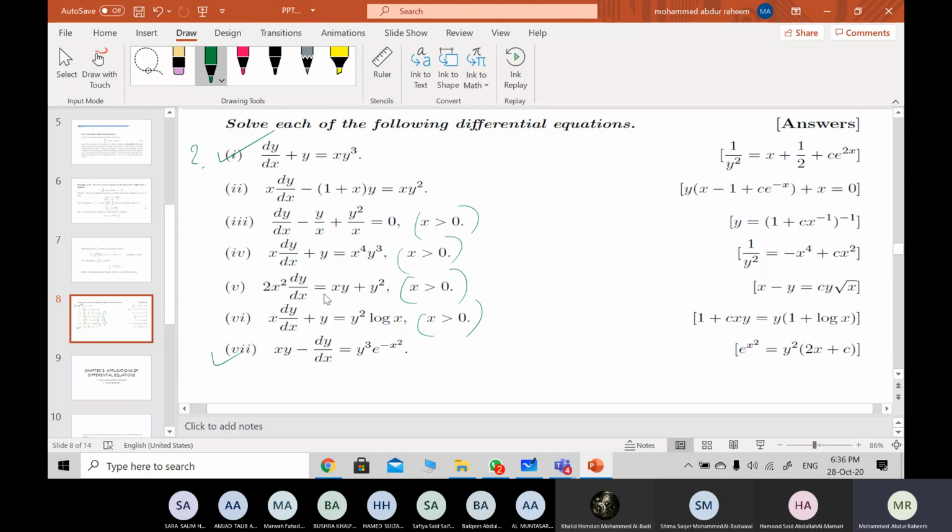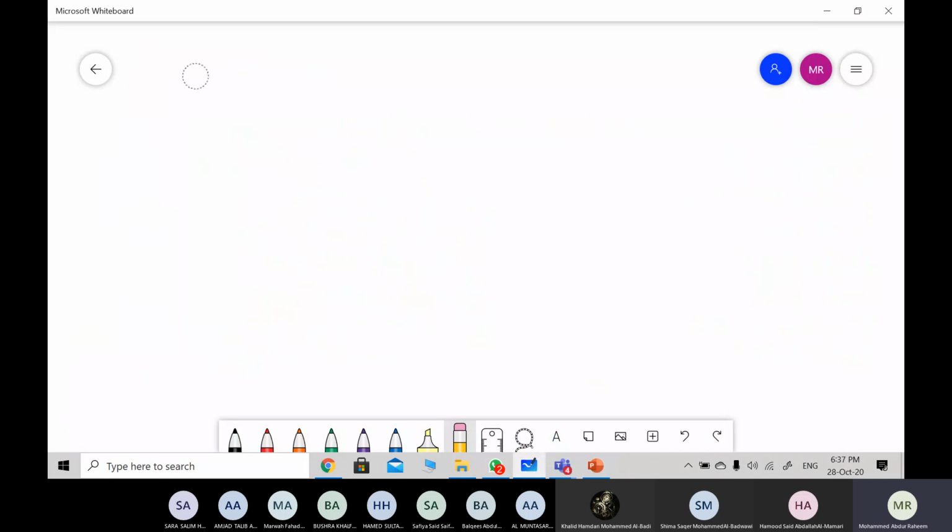So this we finished or not? We will do this. This is the last one, maybe. x dy/dx plus y equals y square log x.